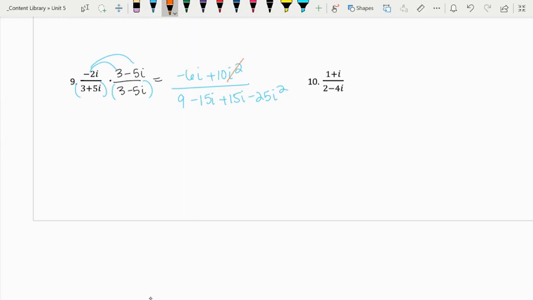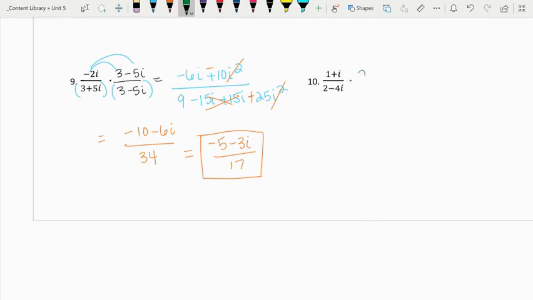So if we get rid of the i squareds, this becomes a negative 10. And in the denominator, the i squared would become a positive 25, and the middle two cancel. So if we rewrite this, we get negative 10 minus 6i over 9 plus 25, which is 34. That's an acceptable answer, but the most correct would end up being negative 5 minus 3i over 17 because all three terms can be divided by 2.